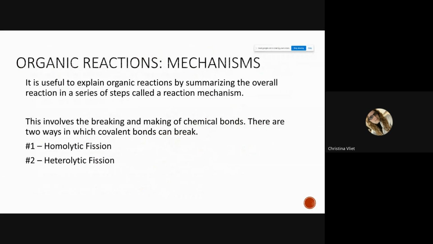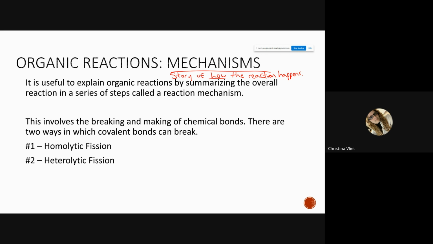So let's talk about mechanisms. The mechanisms are the story of how the reaction happens. Bet you never thought you'd hear stories in chemistry. It's how did we get here? What exact bonds were broken? What exact bonds were formed in order to go from reactants to products?